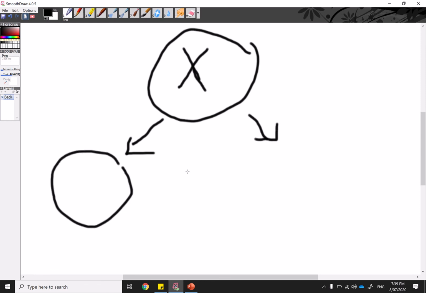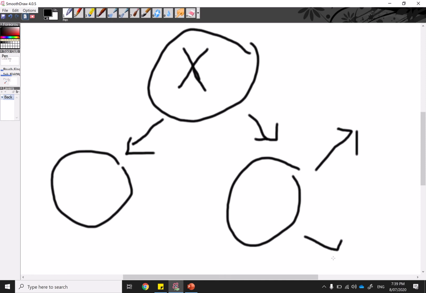So meiosis occurs in two stages. That means we start with one cell, parent cell, and we end up with four gametes. Okay, so actually, you know what? Let's do two.